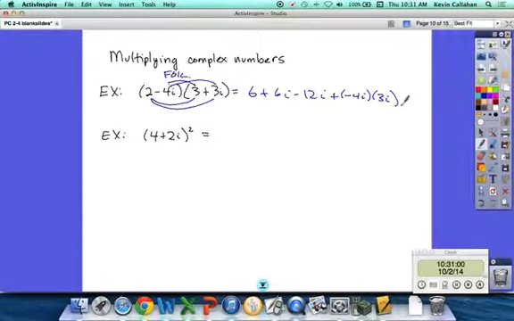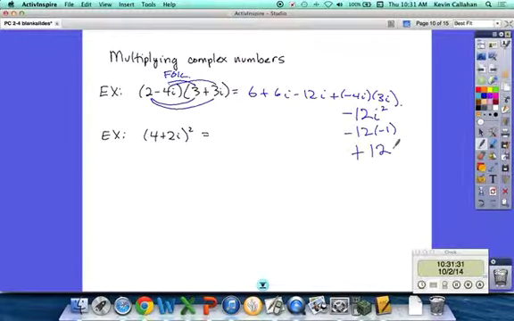Okay, so that's going to be negative 4 times 3 is 12, and then i times i is i squared. But what does i squared equal? Negative 1. So whenever you make the i squared through multiplication, you're going to substitute negative 1. So this whole last term equals 12.